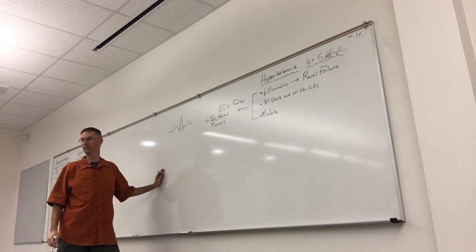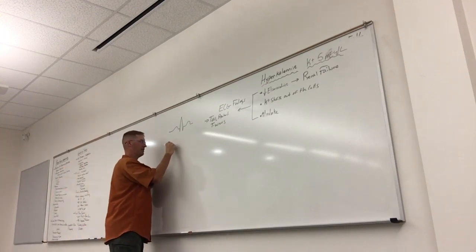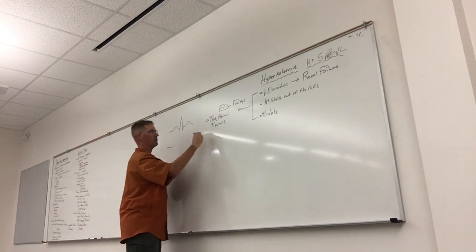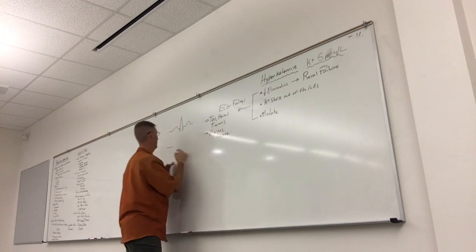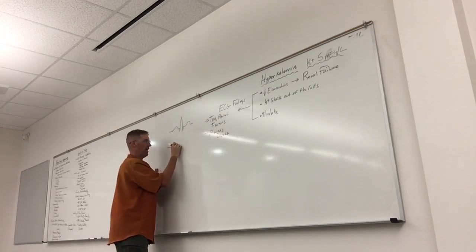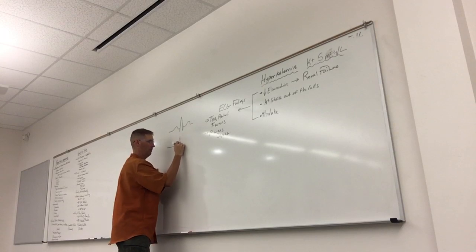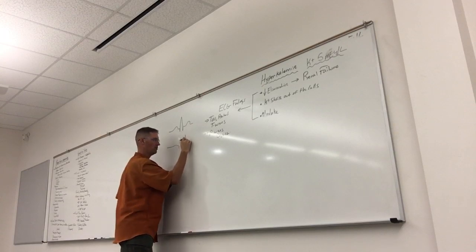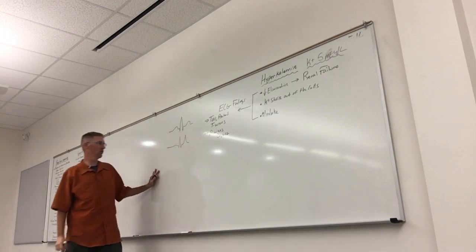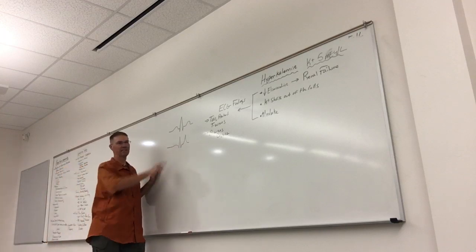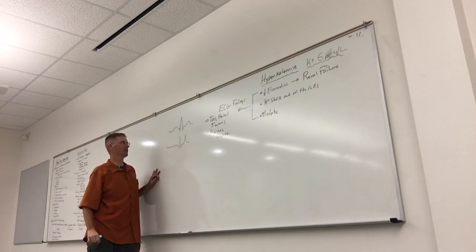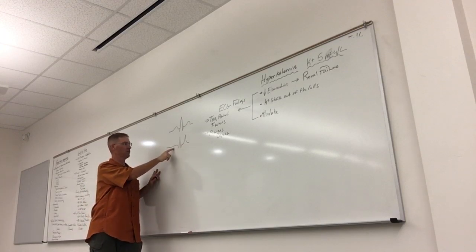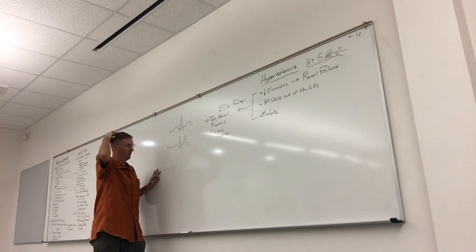Looks something like that. So what happens in hyperkalemia is the T waves get tall and the P waves become depressed. Right, so the P waves will actually flatten out, and then the T waves become tall and peaked and kind of look like a teepee or a tent. You see that there? Right, that's kind of a classic finding: a flattened out, depressed P wave and a tall, tented T wave.